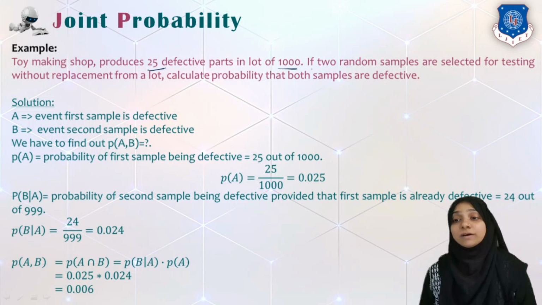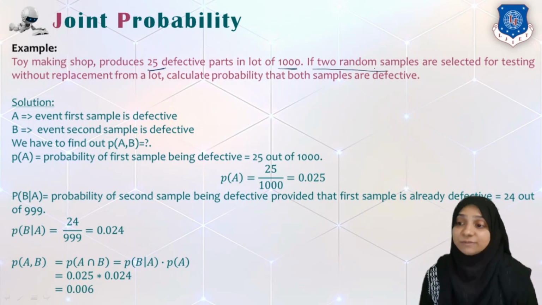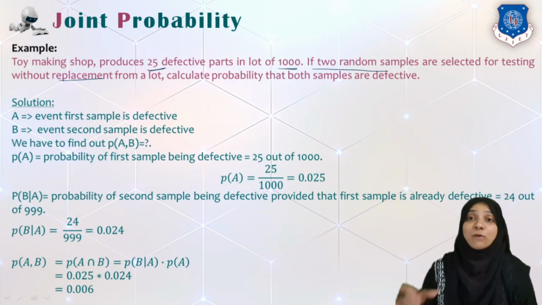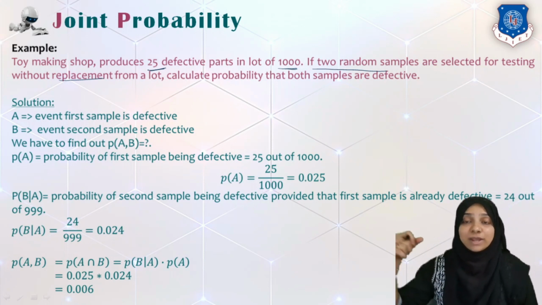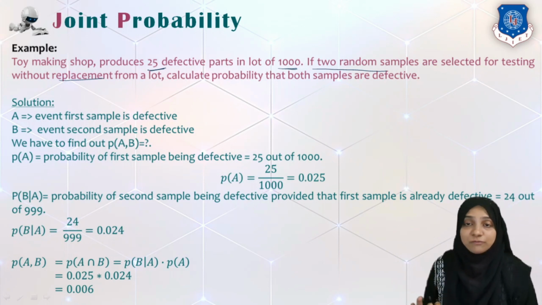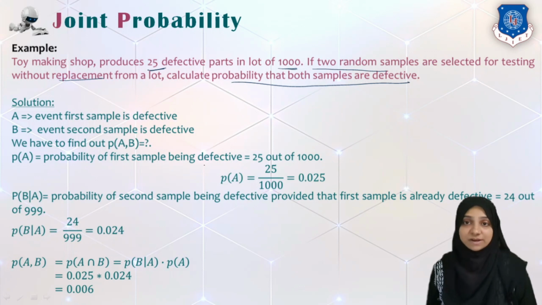Now here we are drawing two random samples which are selected for testing, and we are drawing these samples without replacement. That means if one sample is drawn from a particular lot, it will never be put back inside the bag when we are drawing another sample. So one sample is removed, it is out of this lot. And we have to calculate the probability that both of these samples are defective.